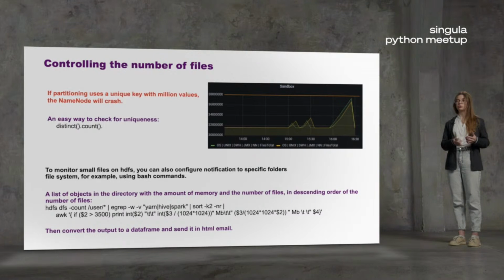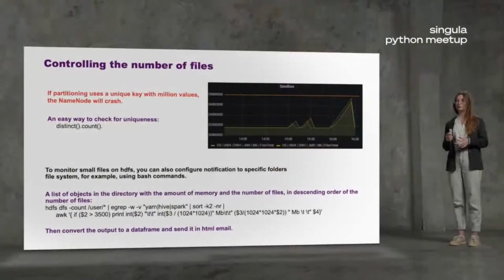To control small files on HDFS, you can configure notification in Airflow for specific folders in the file system, for example, using the bash code hdfs dfs -count with sorting, which outputs the list of objects in the directory with their memory and number of files in descending order by the second argument.